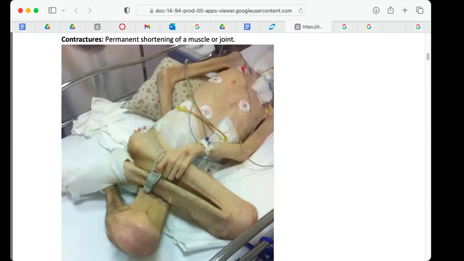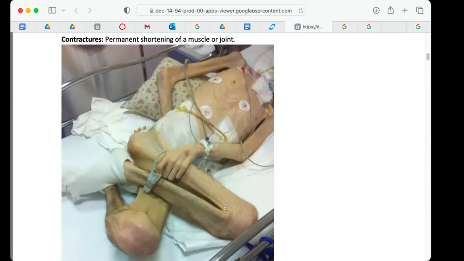So these are contractures. You see how his knee is on the mattress without a pillow? That's a problem. The heels, this is a disaster. We would really need to do a lot for this guy.